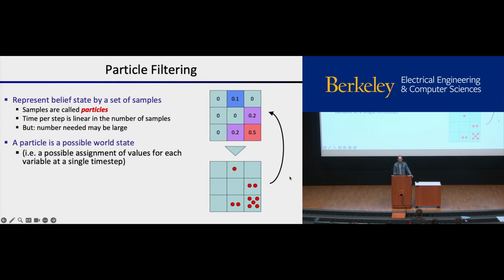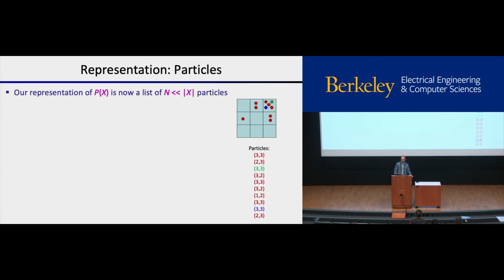A particle is a possible world state. That is a possible assignment of values for each variable at a single time step. This is, for example, how robot localization works in practice. A representation of a probability distribution over X, which is really all of the state variables, is now a list of relatively few particles, at least compared to the size of a potentially exponential state space.